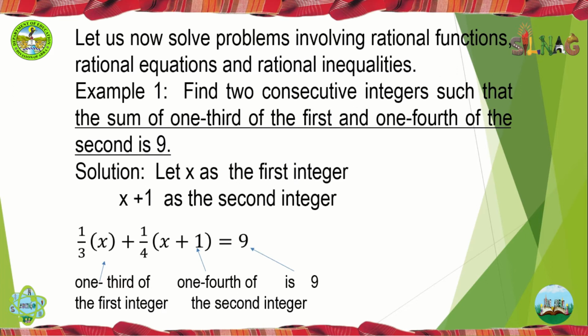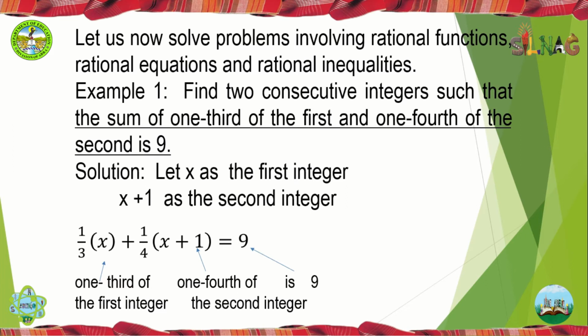So we have 1/3 of x plus 1/4 of the second integer x plus 1 is equal to 9. So 1/3 of the first integer is represented as 1/3 times x, and then 1/4 of the second integer is represented as 1/4 times x plus 1.